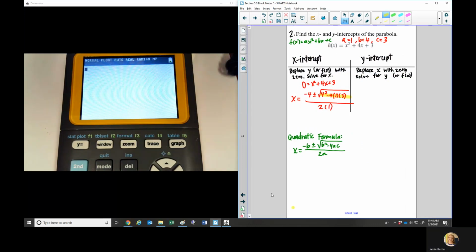Plugging in the radicand: 4 raised to the second power, minus 4 times 1 times 3. Enter. So that's 4.